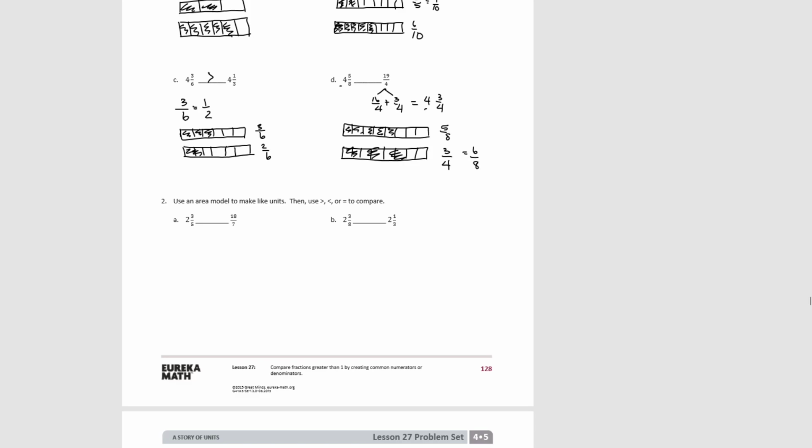So in fact, 3/4 is greater than 5/8, since 6/8 is greater than 5/8. Therefore, 4 5/8 is less than 19/4.